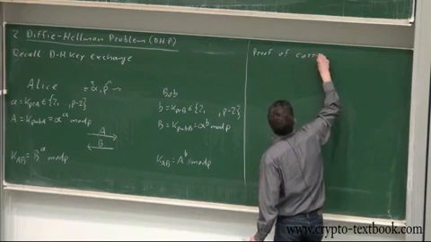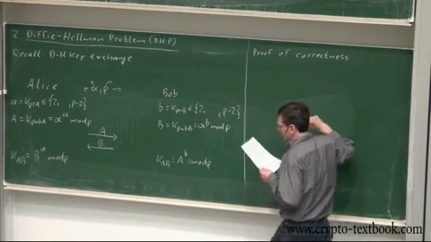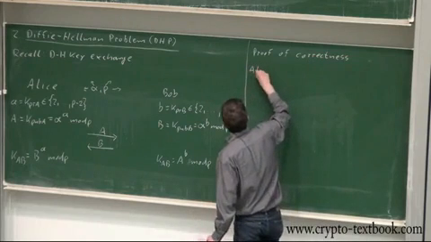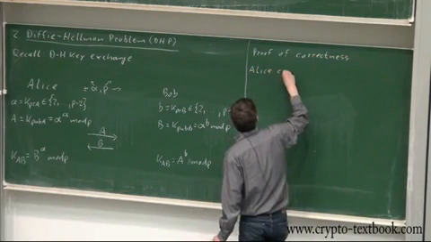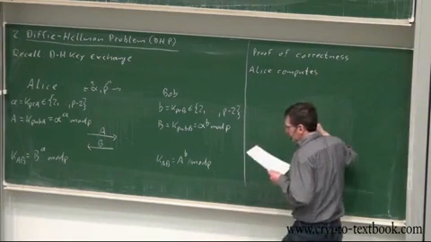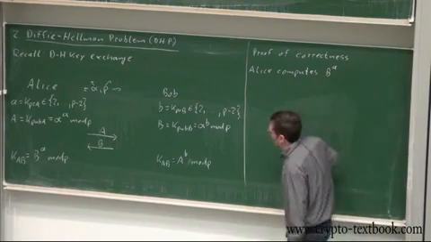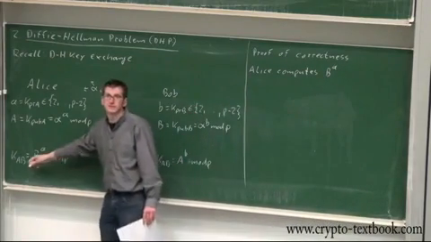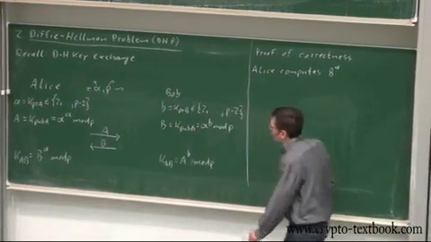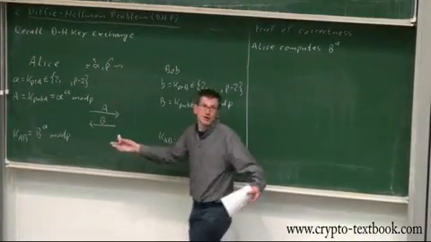Proof of correctness. Alice computes B to the a, right, uppercase B. But what is B?